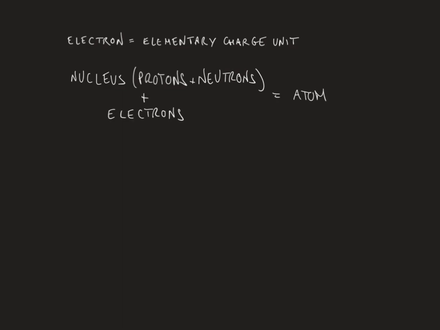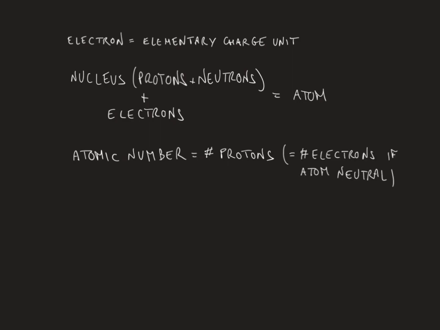The atomic number of a given chemical element is the number of protons in the nucleus of an atom of that chemical element. If that atom is electrically neutral, then the number of electrons in that atom is the same as the atomic number. The atomic number is typically indicated with the letter Z. The atomic number of any element can be found in the periodic table.